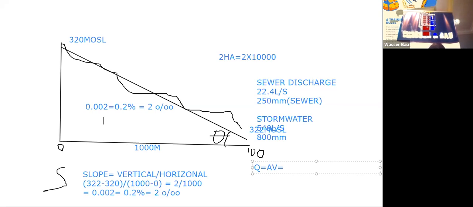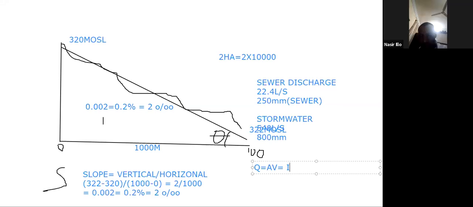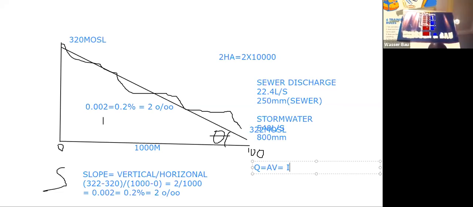And now, for stormwater, we are not talking about velocity. Rather, we are talking about one special quantity called intensity. That intensity is a function of many factors: time, location, and then of course the area, the slope of the area, the hydraulic conductivity.